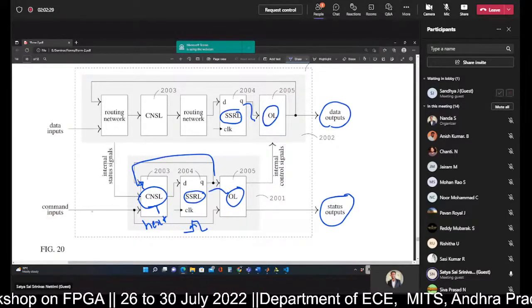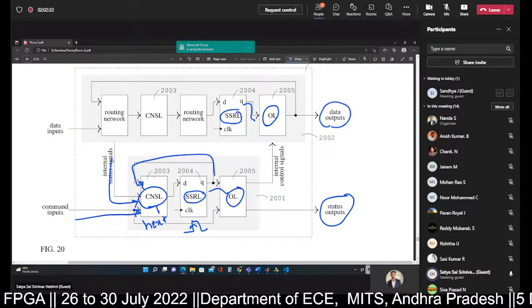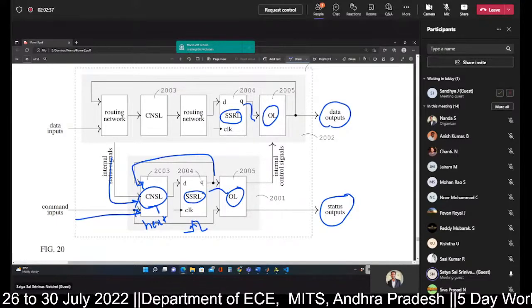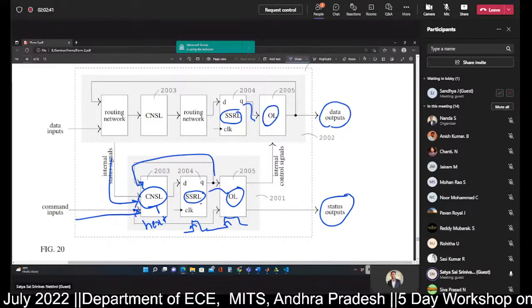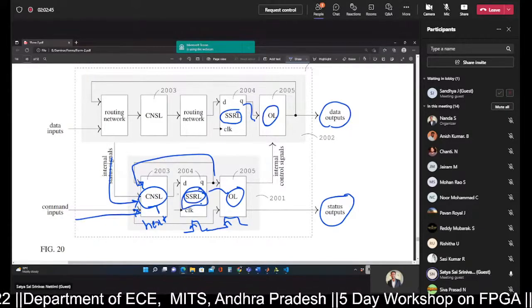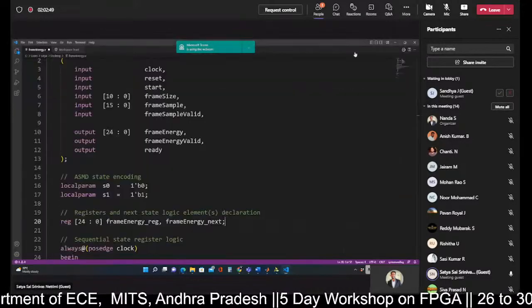Either it may be fed back, or it may take new inputs or any external inputs, and it will pre-calculate the further next output immediately, irrespective of the clock. But when the clock comes, that next value goes into the register. So for each and every register you define, you have to define a counterpart of the combinational next state logic.